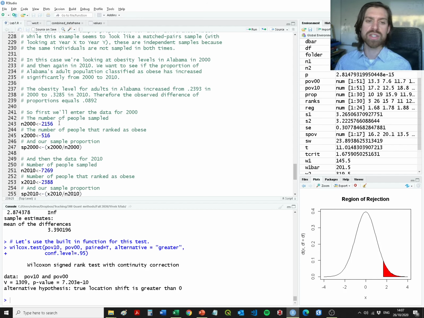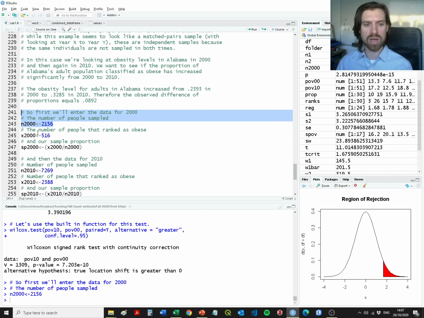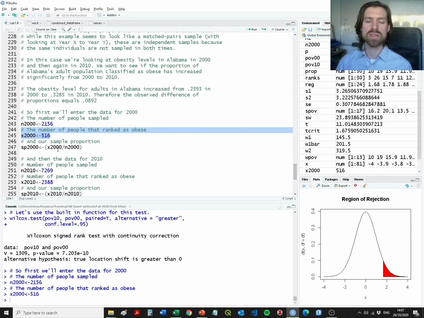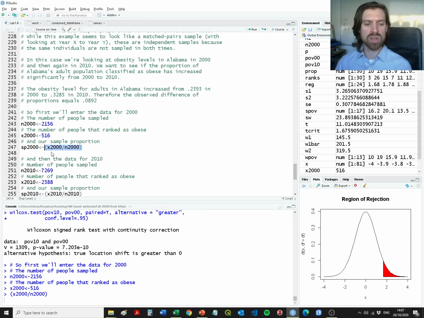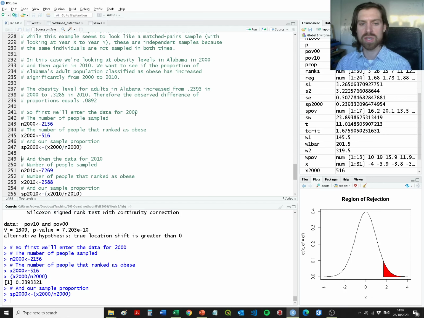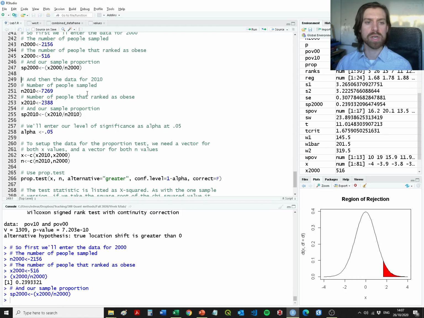So imagine that there were 2,156 people sampled in 2000, and then 516 of these people are ranked as obese. That basically provides us with this rate of about 23.9% for the year 2000 for Alabama.